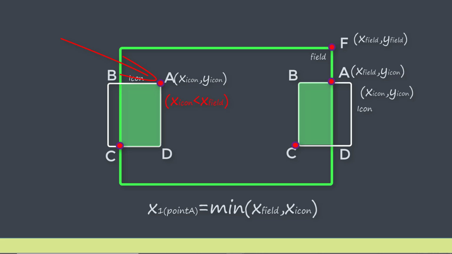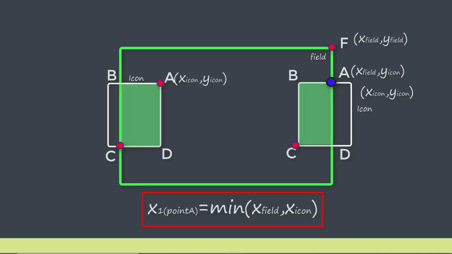The value of the xIcon in this case will be less than the value of the xField. If an icon comes from the right side, we need to refer to the xField value. Again, it will be the smallest value, since its value is less than the value of the xIcon coordinates. Therefore, it is enough to find the smallest value between the xIcon and xField.